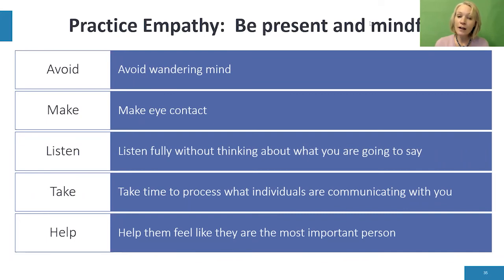It's good to acknowledge that you understand, but make certain that they fully expressed what they wanted to express before you go on to your own story, because then it shifts that direction more towards you rather than the person that you are really trying to be present for. And if you can practice this, and again, you could even role play this, then you will be able to really be better at communicating.